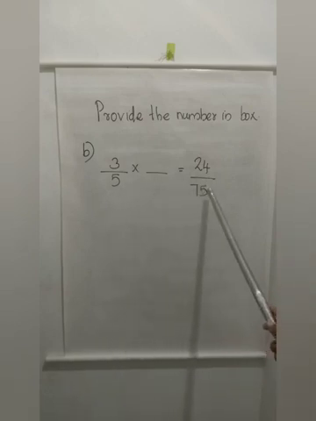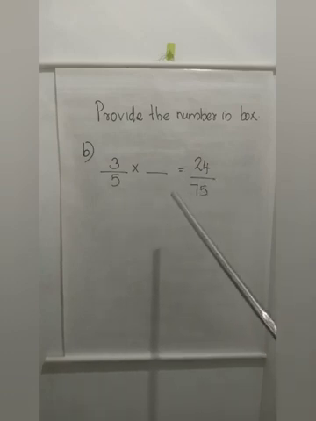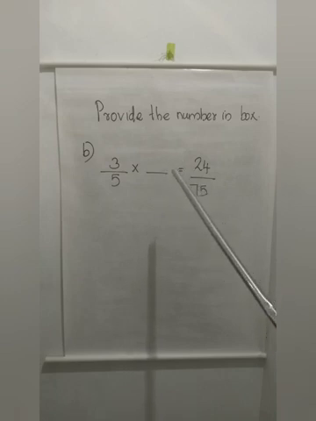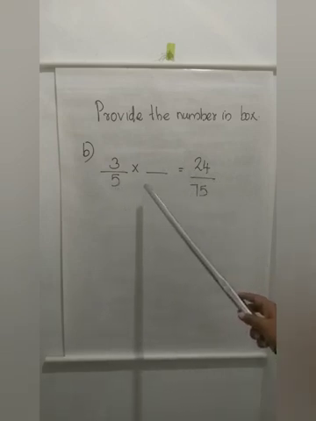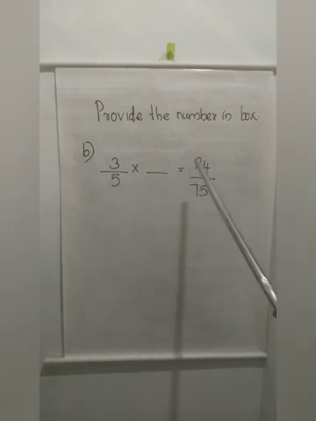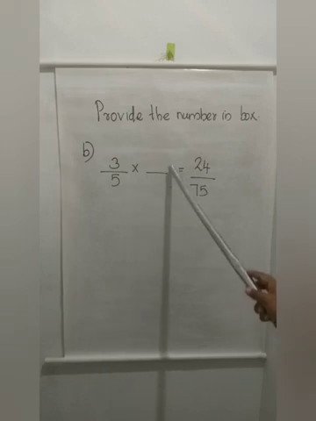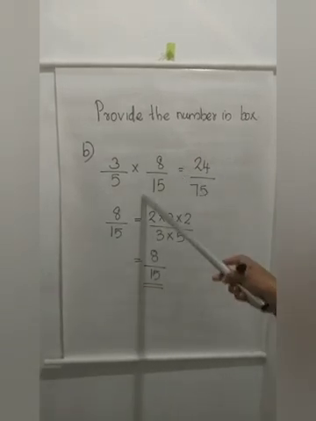Most of you may know 5 into what is 75 because the table of 5 is simple, but if you don't, just divide by the given denominator. So 75 divided by 5 gives 15. So we got 8 by 15 here.